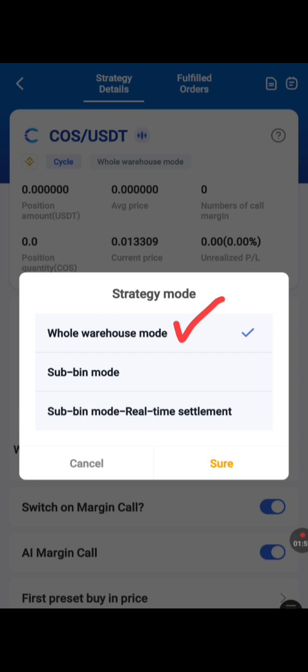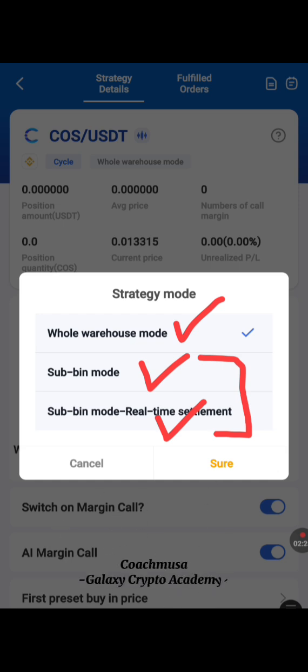Now, it is within the sub-bin where you have these two types of strategy, and that is the sub-bin mode and then the sub-bin mode real-time settlement, of which each of them have their respective characteristics and how to apply them respectively depending on the intention of the trader or what the trader actually wants the robot to do on his or her behalf while trading.